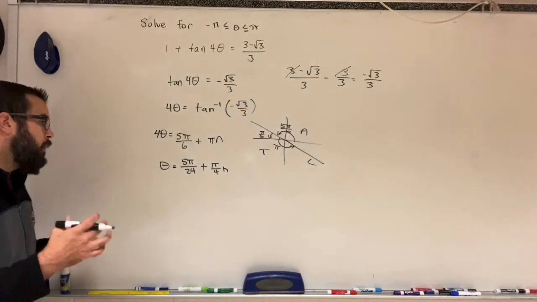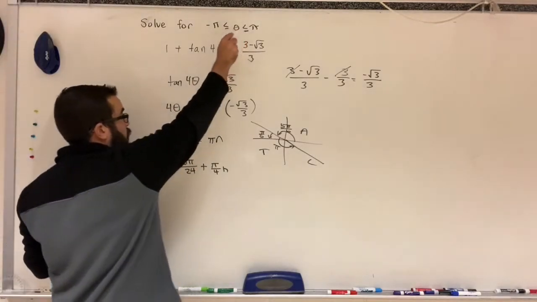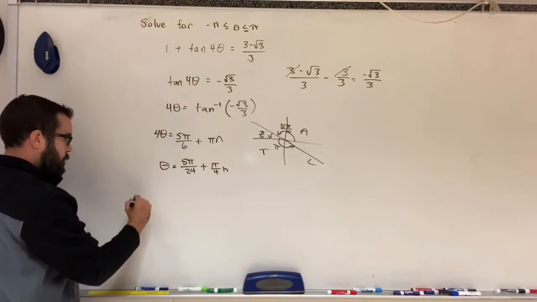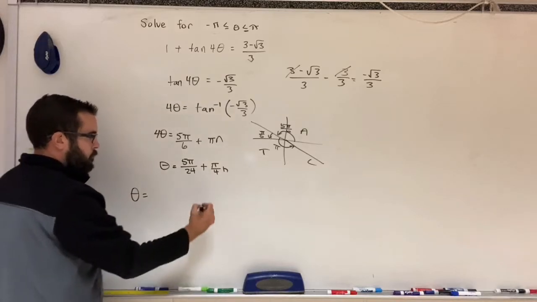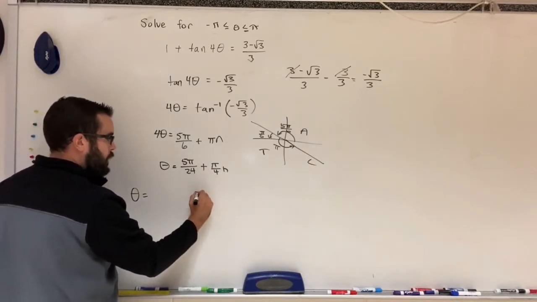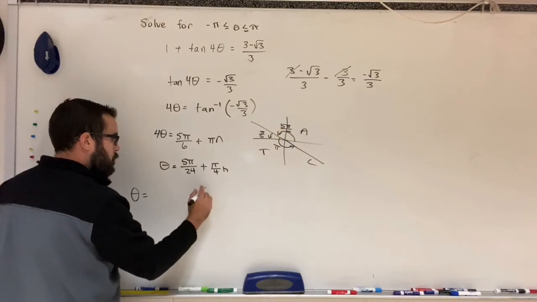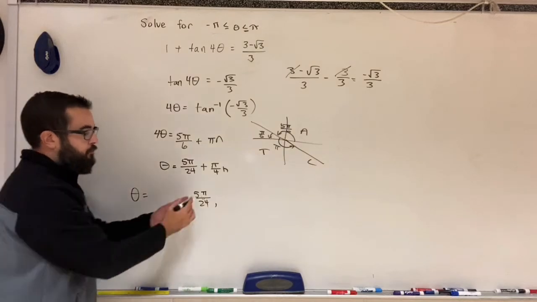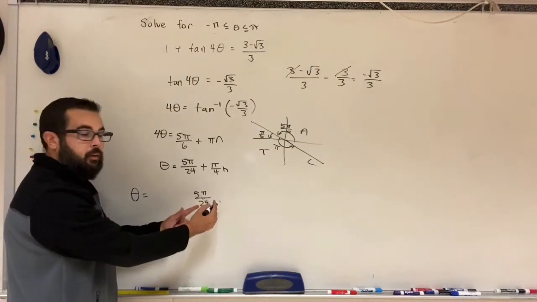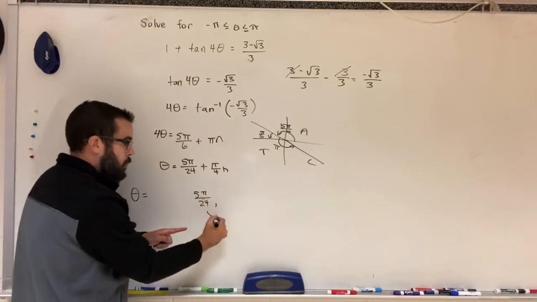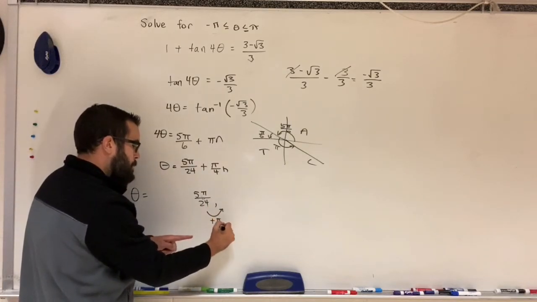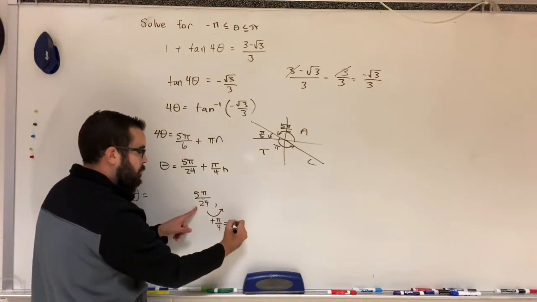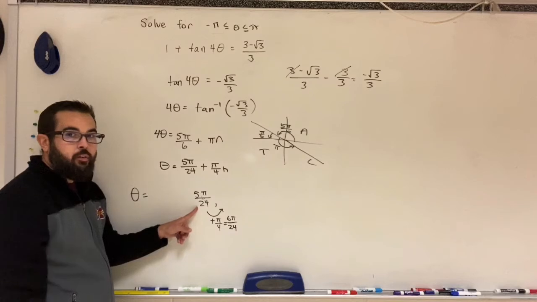However, we have a restriction. We need to follow this restriction between negative pi and pi. So here's what I'm going to do. I'm going to start with this angle that I know, and then figure out what the next angle would be. All I have to do is add pi over 4, which is the same thing as adding, in a denominator of 24, 6 pi over 24.